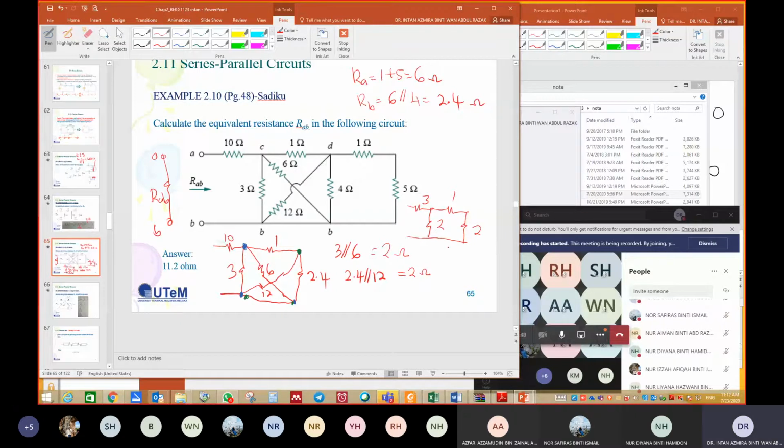Okay, so now from here, 3 parallel with 2.